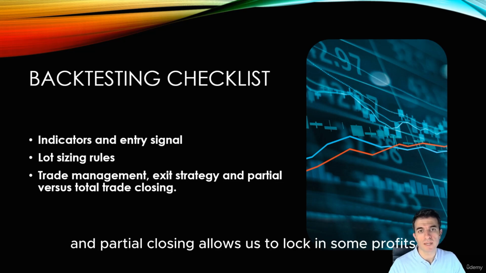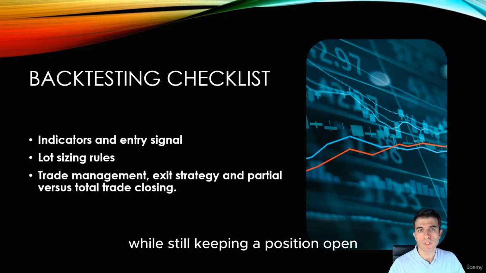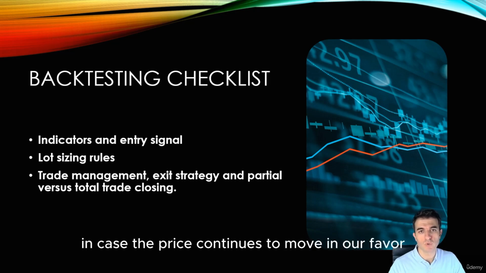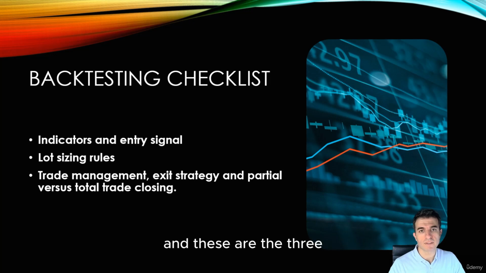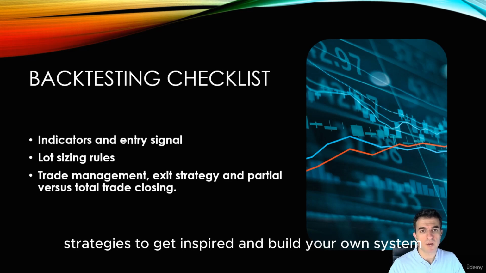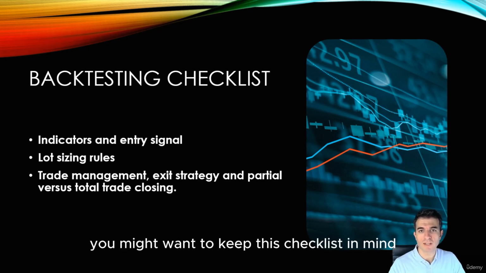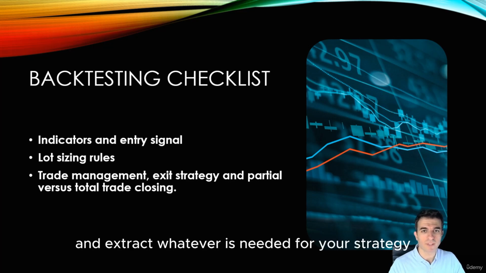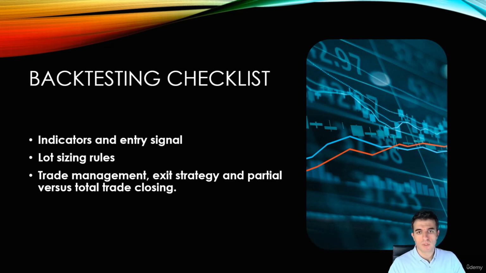Partial closing allows us to lock in some profits while still keeping a position open in case the price continues to move in our favor. And these are the three essential components of our checklist. So whenever you are reading strategies to get inspired and build your own system, you might want to keep this checklist in mind and extract whatever is needed for your strategy.